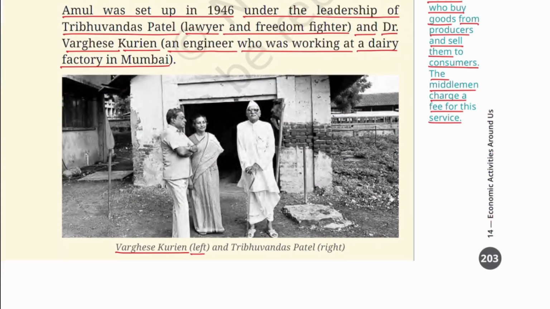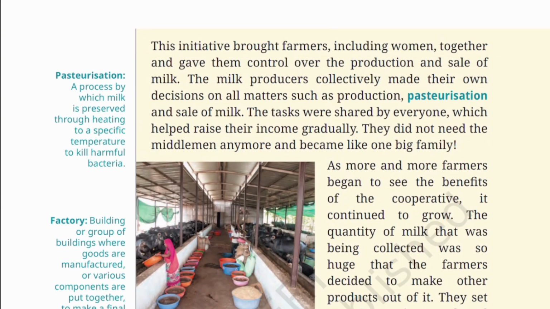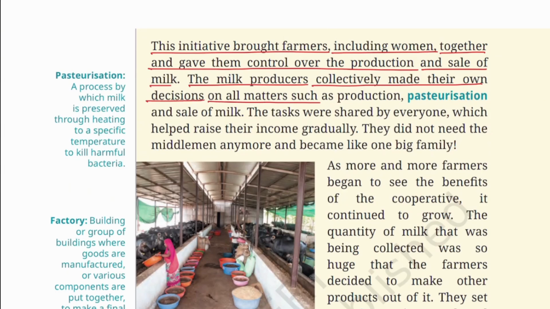Varghese Kurian left and Tribhuvandas Patel right. This initiative brought farmers, including women, together and gave them control over the production and sale of milk. The milk producers collectively made their own decisions on all matters such as production, pasteurization, and sale of milk.